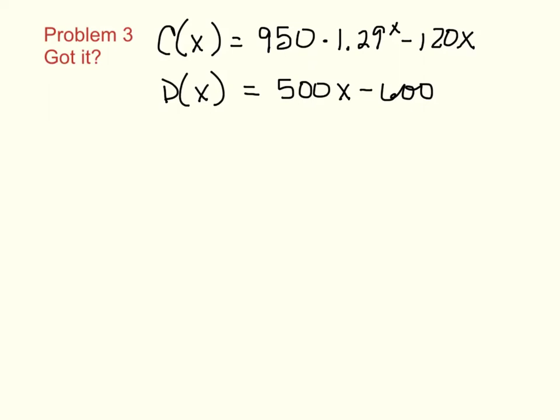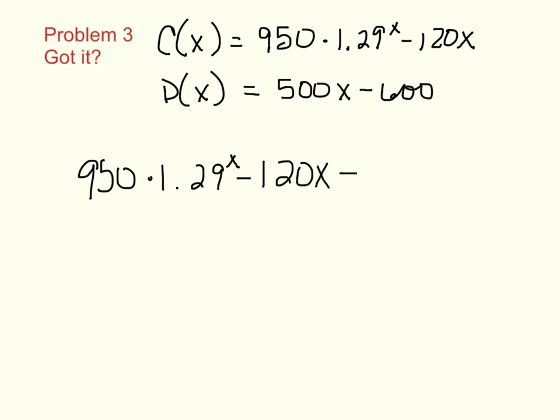All right, so in problem 3, you have to find the function giving the difference in population of sparrows between city C and city D. So if it says find the difference, you're going to have to subtract. So we have to subtract city C and city D. So we're going to subtract 950 times 1.29 to the x power minus 120x.